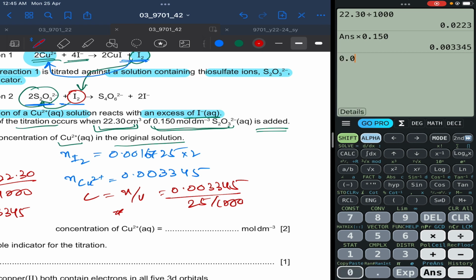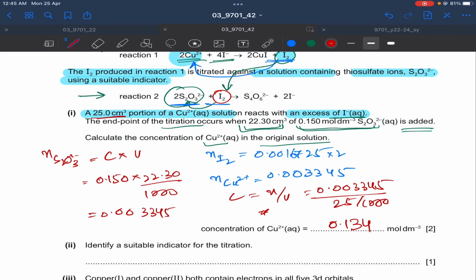So 0.003345 divided by 0.025 is 0.1338, or 0.134 if we round off the value. So we get 0.134 moles per dm cube. This is the concentration of copper ions.